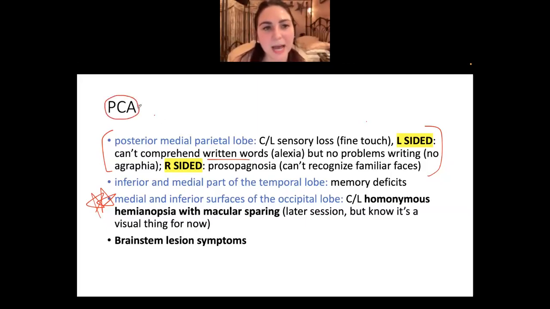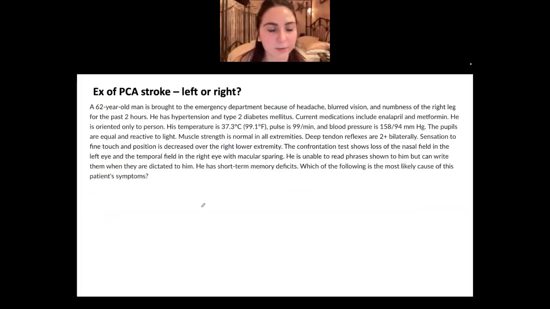And the PCA, which we'll talk about when we get into brainstem, also supplies the midbrain. So in addition to all of these cortical symptoms, you'll also see midbrain brainstem stroke symptoms, which we're not doing today. But you will see those because the PCA supplies the brainstem. So this is your classic PCA stroke.